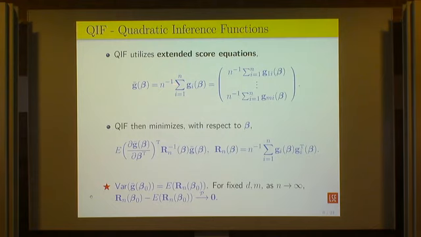This g bar is just the average of the G_i vectors, multiplied with this R inverse. This R inverse will be the inverse of the expected value of R, where R is just the covariance matrix of G_i, assuming G_i has expectation 0.